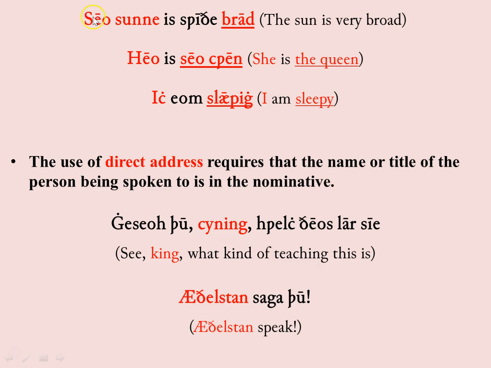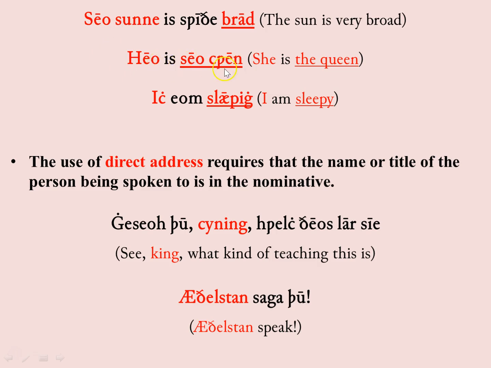It's telling us something a bit more about the sun. Seo, which is the feminine. Seo sunne, that's in the nominative. So that's the subject. Is swiþe brad, now is very broad, which is in the nominative. So it's a subject complement. So it's giving us more information about the sun.